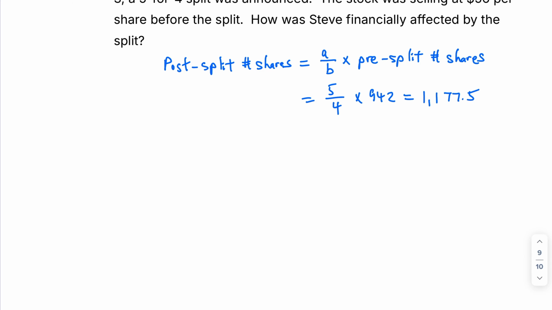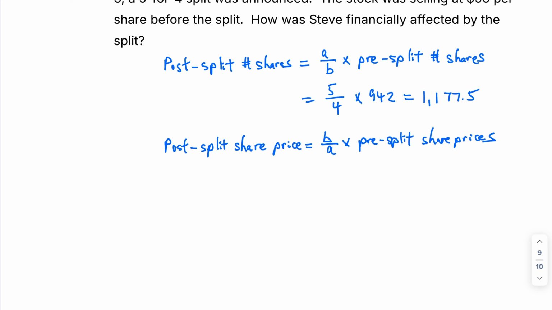Okay. Now, that's one component. The other component that we need to calculate is what's called the post-split share price, right? We have number of shares and we also have the share price. And that's going to equal, and the fraction is a little bit different this time, B over A times the pre-split share price.